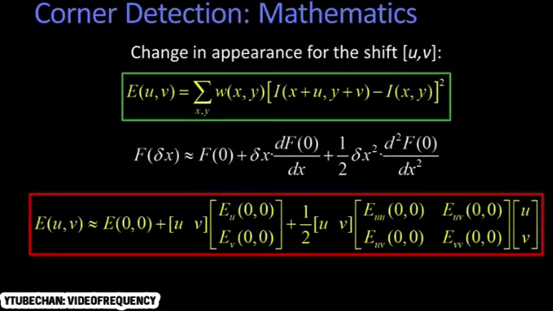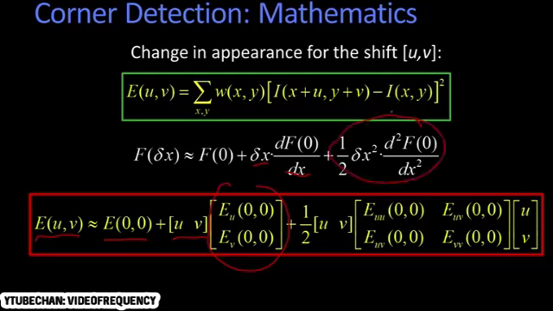What we're saying is that the error function uv for some small uv's near 0 can be approximated by the value at 0, 0, plus the first derivatives times the uv, so that's like this df of x times delta x, except now we've got it in 2 dimensions. So we've got the gradient in the u dimension plus the gradient in the v dimension, plus we have this quadratic term, and in vector notation for 2 dimensions, that quadratic term is written like this.